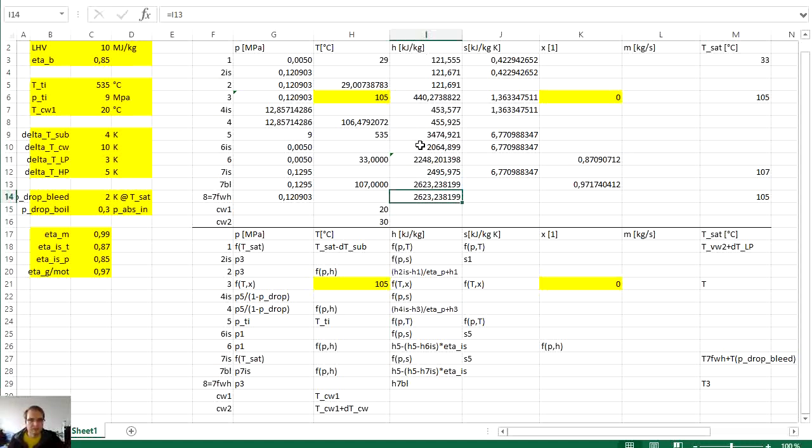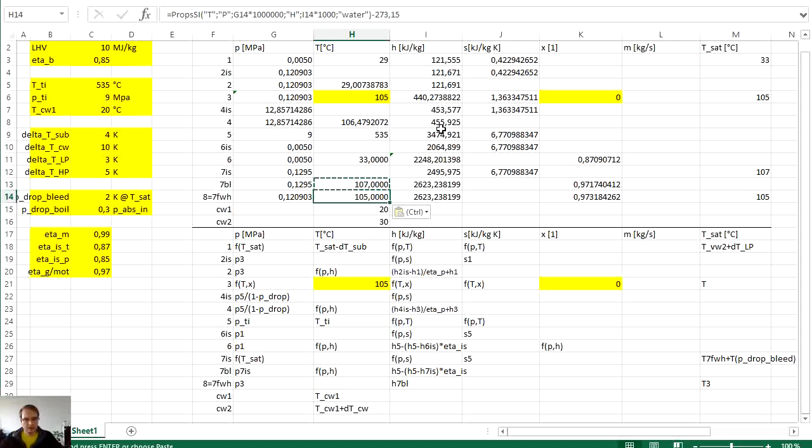And now we have enthalpy, we have pressure. We can again have a look if we have still saturated, if we have still wet steam, which we do. And we can also get the temperature, which, since we have wet steam, needs to be the same as the saturated temperature.